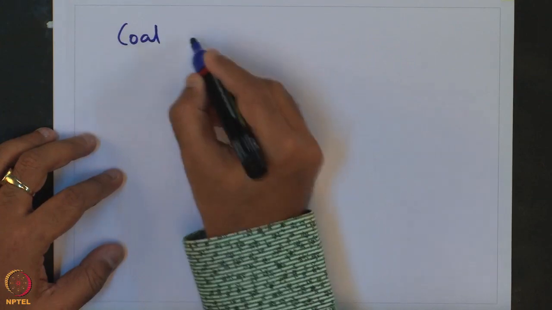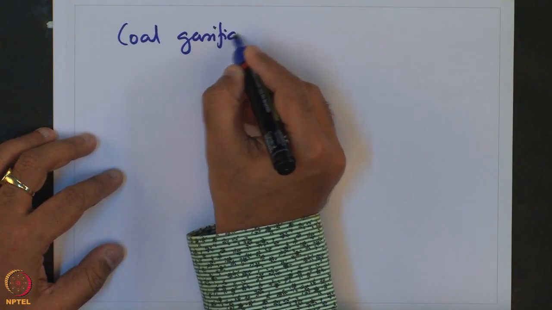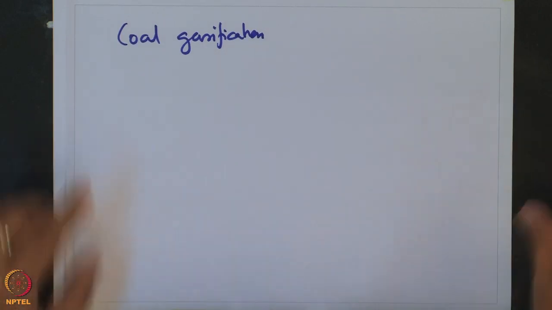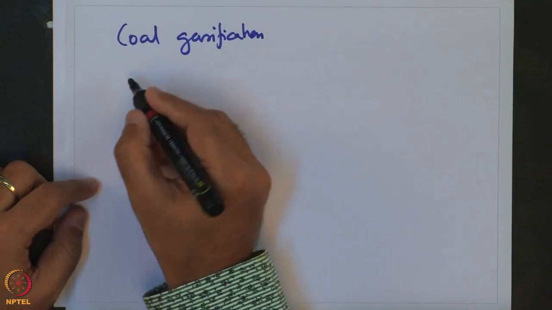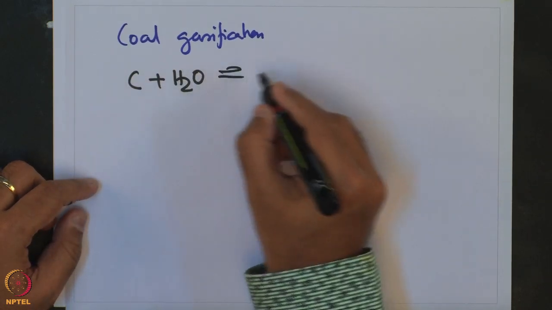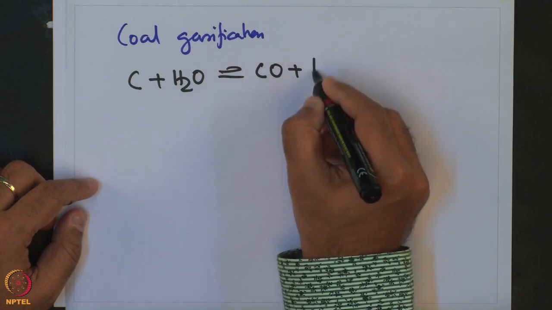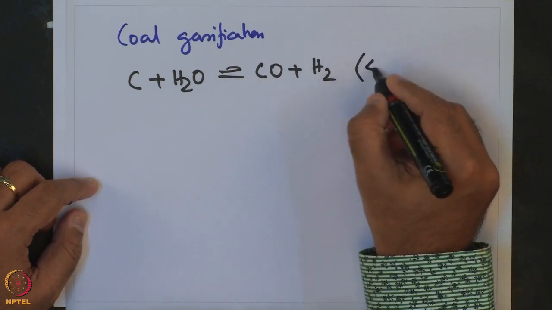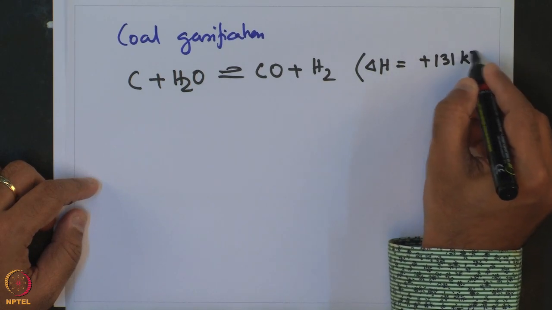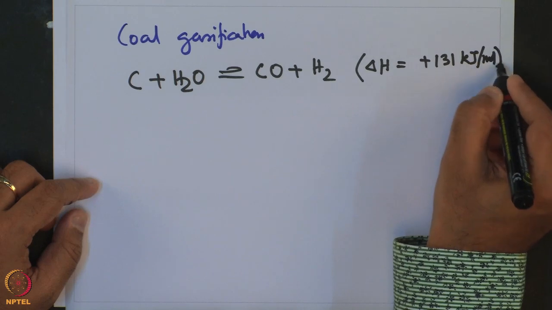And the last method for this is coal gasification, which is given by C plus H2O giving CO plus H2, delta H equals plus 131 kilojoule per mole.